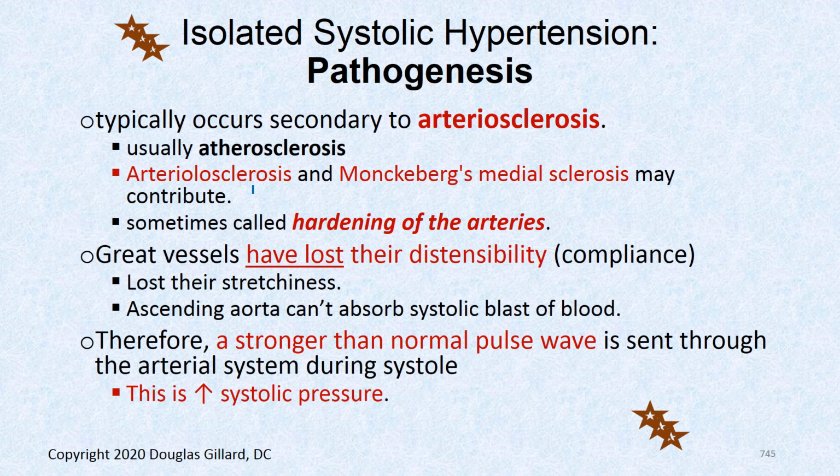Especially if the ascending aorta and aortic arch have lost the ability to stretch and absorb that big blast of blood coming out of the left ventricle, if they're hard as a rock, that force is going to be transferred right through the arterial tree, and that's going to result in hypertension during systole, more so than diastole. So a stronger than normal pulse wave is sent through the system.